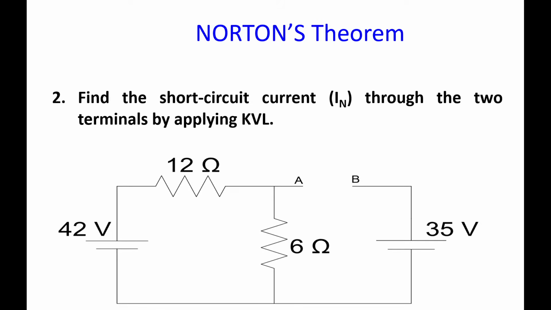Now, the next step is asking us to find the short circuit current through the two terminals by applying KVL. Now, it is very much advisable to use KVL. It doesn't mean it's always the case. You are going to see, moving on, there are some questions.